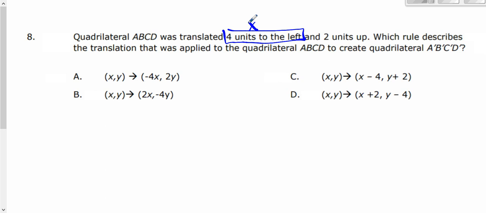So to go 4 to the left, I want to do X minus 4. And 2 units up is going to change my Y values. 2 units up is going to be plus 2. So I'm looking for X minus 4, Y plus 2, which is C.